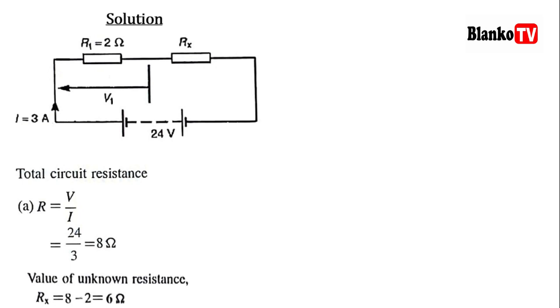So let's move on to solution B, which says we should calculate for the PD across the 2 ohm resistor. By Ohm's law, V equals I, which is the total current, times R, which is the resistance.